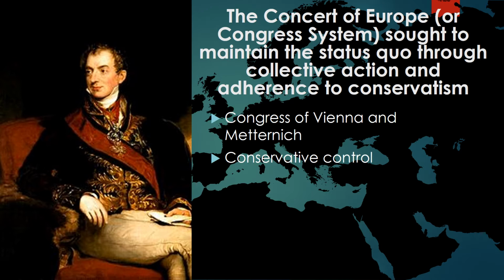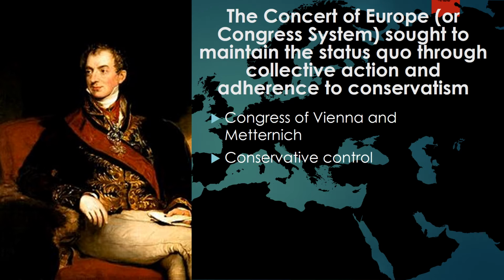This concert system essentially made sure that the five major powers of Europe were allied together, and they would put down international rebellions. They would put down revolts. They would maintain, or try to maintain, ideas that were opposed to liberalism and nationalism. And ultimately, we're going to see conservative control of Europe during this period from 1815 through 1848.